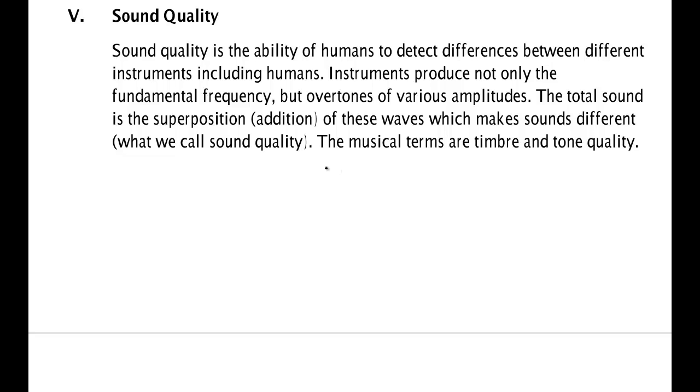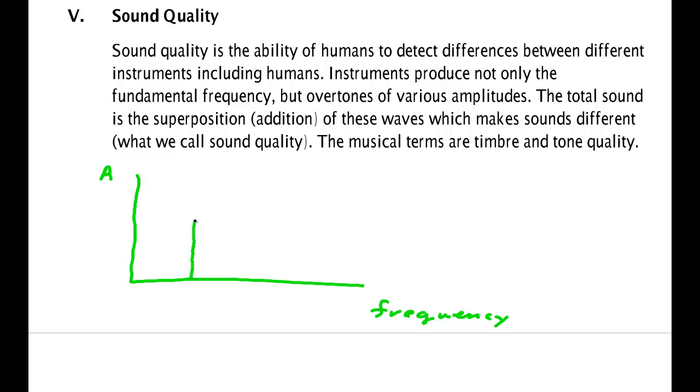So in fact, any sound that you hear, if we were to plot this, say as amplitude versus frequency, we would see some primary frequency, and it probably wouldn't just be a single frequency, it would have some small range.